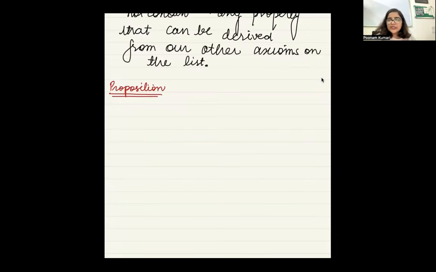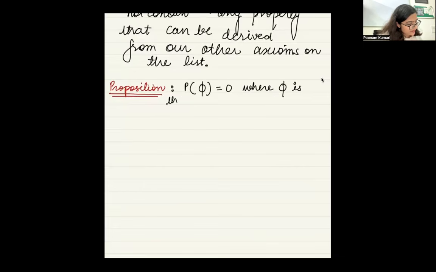If I'm able to prove it, it's a true proposition, right? So what is this proposition? That probability of a null event is 0. Where this phi is the null event.